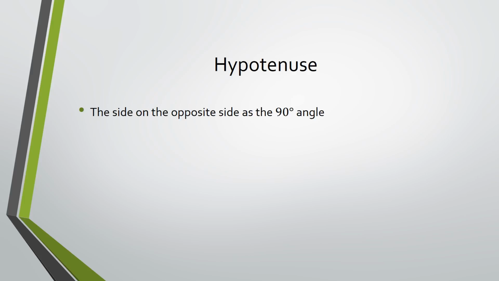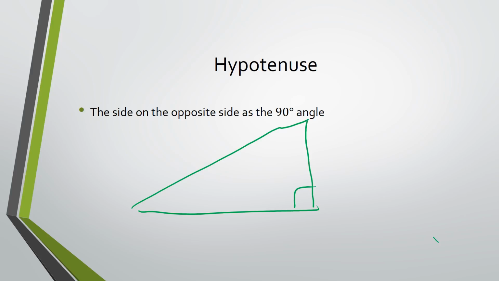Alright, the next thing is the hypotenuse. I know you guys have gone over hypotenuses before. So the hypotenuse is just what's directly across from that right angle. So it is the side that is not touching the right angle.